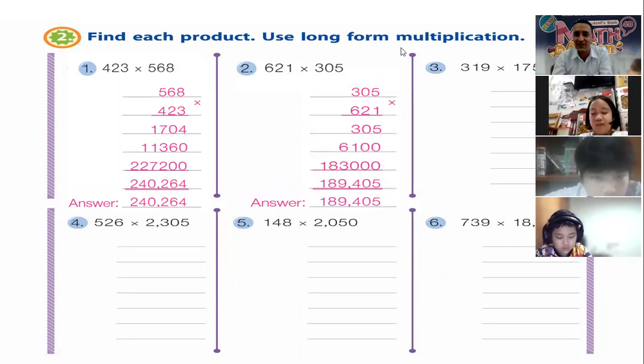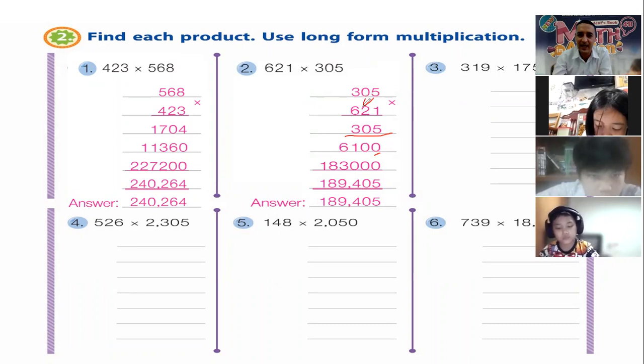Okay. How do we get the product? By calculating first 1 multiplied with 305, which is equal to 305. Then we write down the 0 and 2 multiplied with 5, then 0, then 3, which is equal to 610.